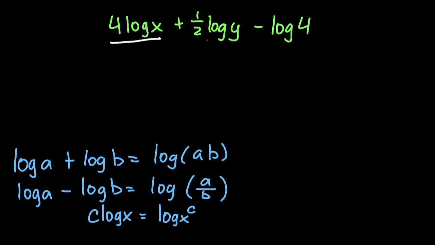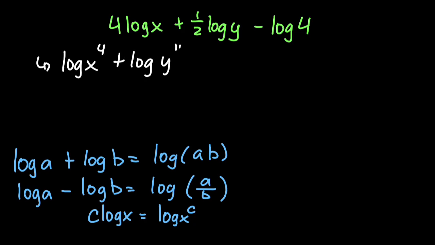For 4 log of x plus 1/2 log of y minus log of 4. Once again, put the variables into an exponent. This would be log of x to the power of 4 plus log of y to the power of 1/2. Or for simplification, we can put this as square root of y.